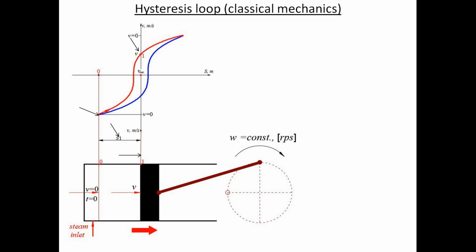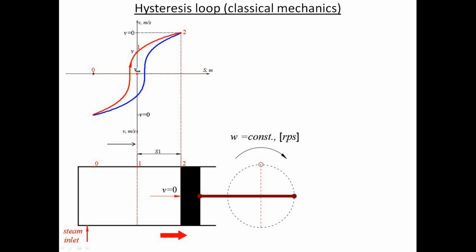Maximum velocity Vmax is here at the center of the Cartesian coordinate system. From this point to point 1, the velocity decelerates from the maximum. And all this time the crankshaft rotates with constant angular velocity w, in rotations per second or rotations per minute.